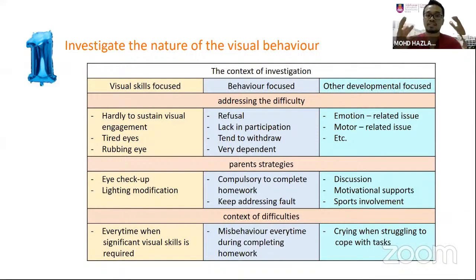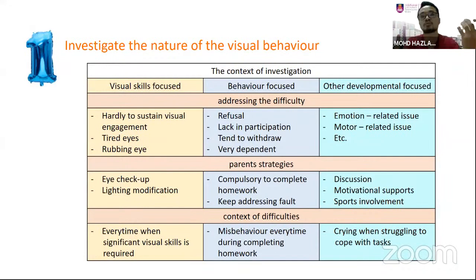But to investigate, when we talk about visual perceptions, what do we need to focus on? Do we want to have a behavior focus? Something that parents always come up with is talking about child refusal, lack of participation, tendency to withdraw, being very dependent.